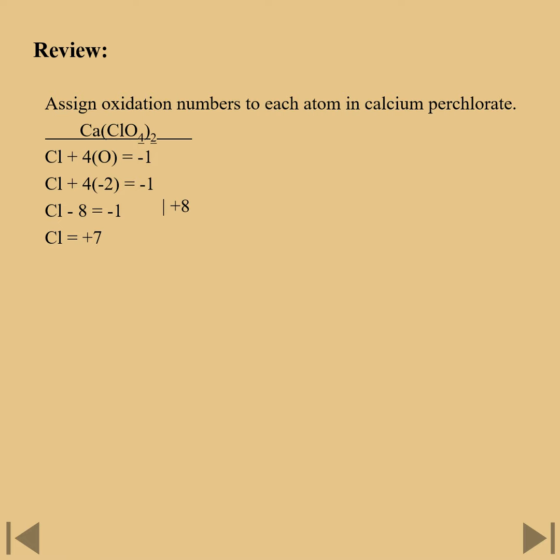So we saw chlorine in a -1 state, a 0 state, +5 state, and here in a +7 state. So we have to go through all the steps to determine that oxidation number. So again, the calcium is +2, the expected charge on the calcium ion. We just determined that the chlorine is +7, and the oxygens are the expected -2.